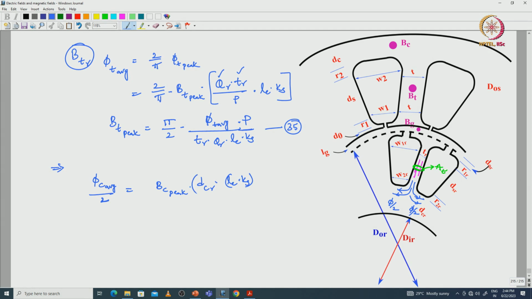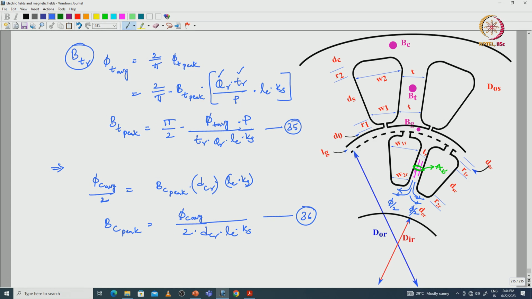This is y axis and DCR is the depth of the back iron. From here BC peak value is equal to phi C average by 2 into DCR into effective length of the core into stacking factor. This is equation number 36.